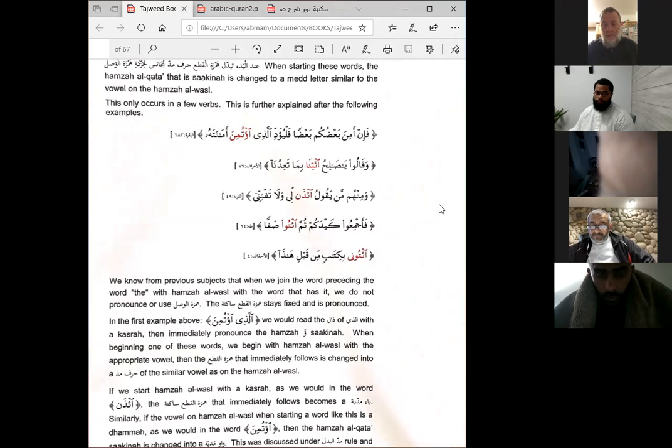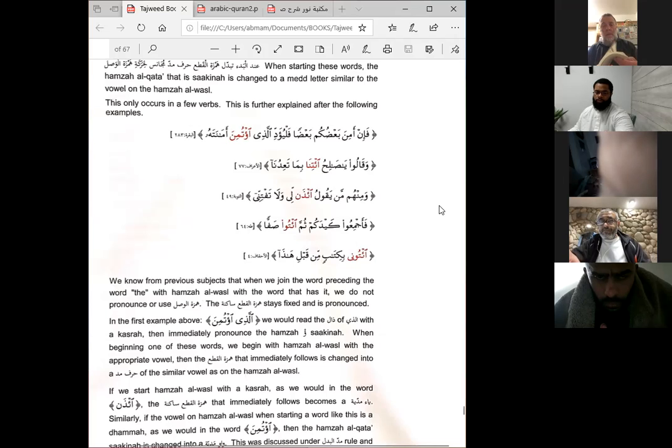Okay, and essentially, it seems that the rule is the same as the rule for Hamzatul Wasl in any other situation, for the verbs, and all you're doing is applying the same thing to the Hamzatul Qata' that follows it.